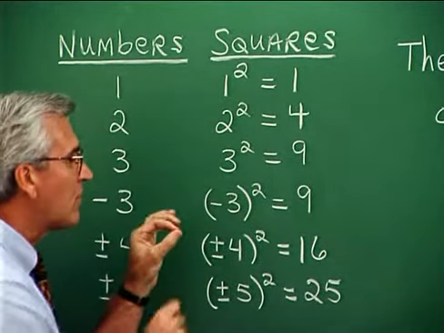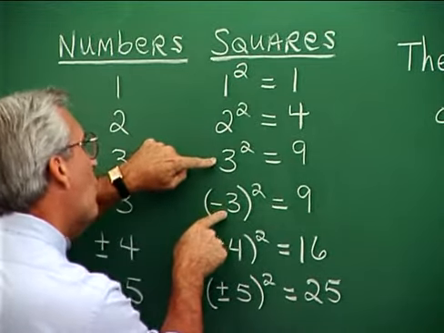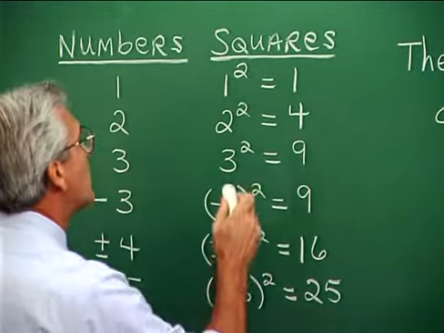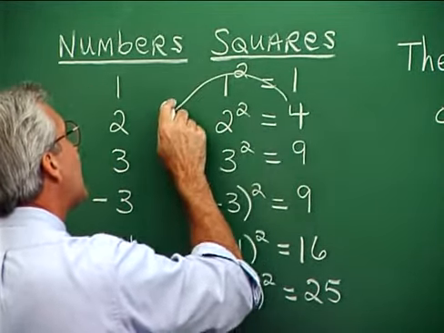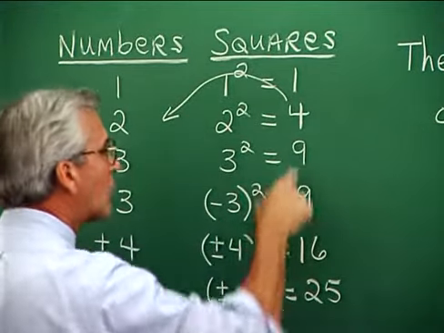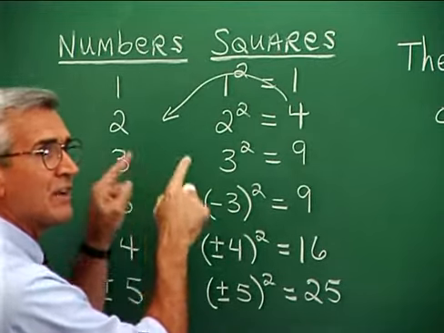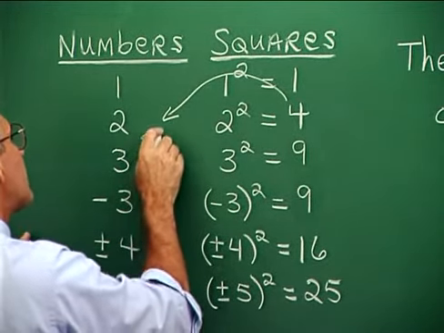Now the request for the number which, when squared, gives this square is called square root. So in working this in the opposite direction, taking a square and requesting the number which, when squared, gives that square, is the idea of square root.